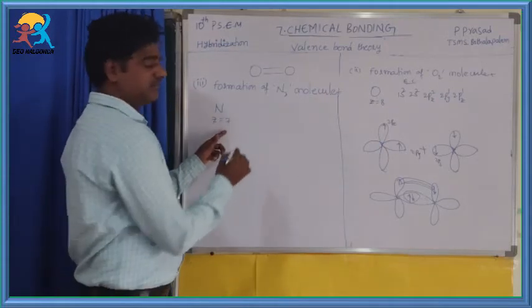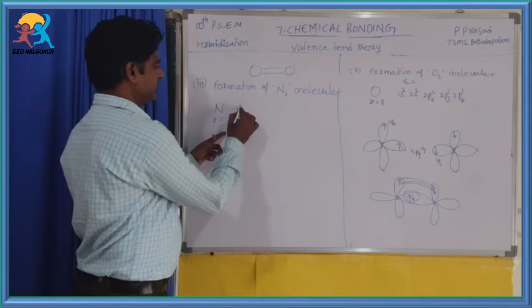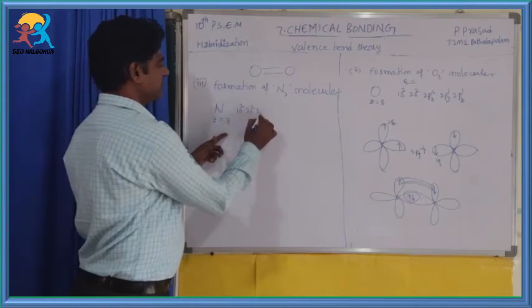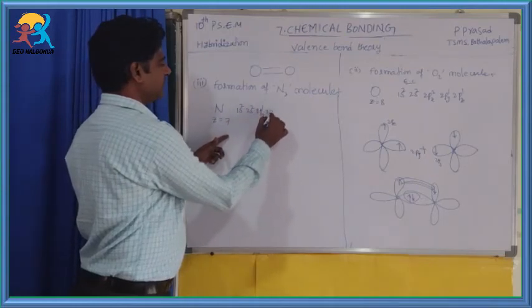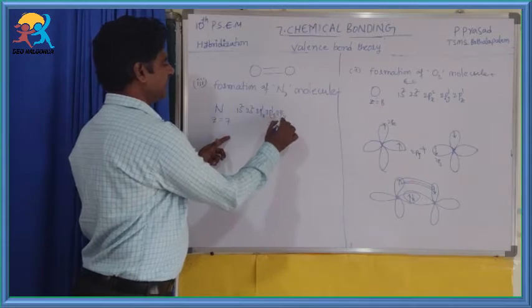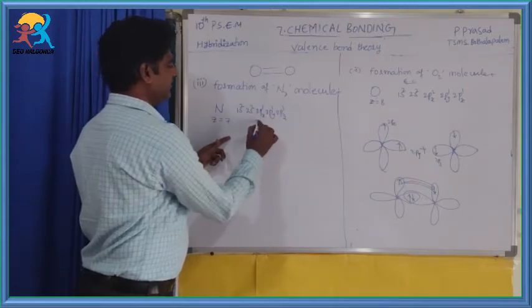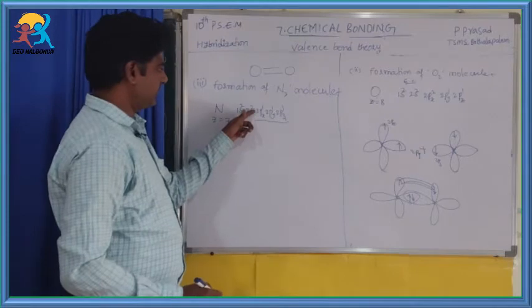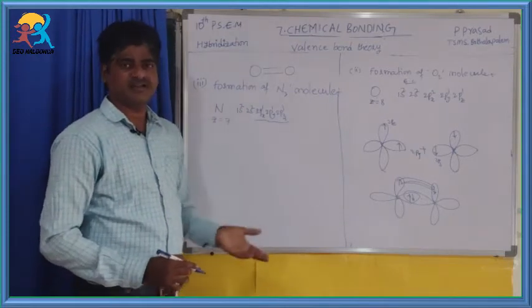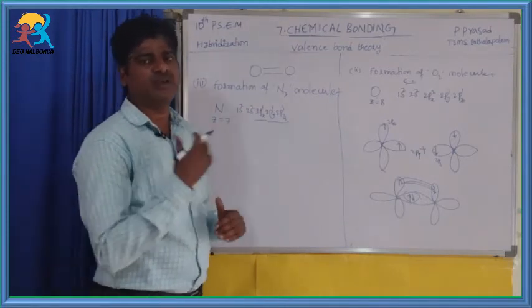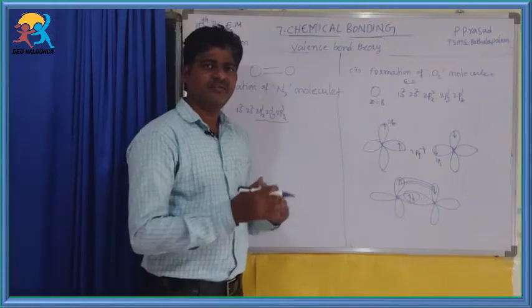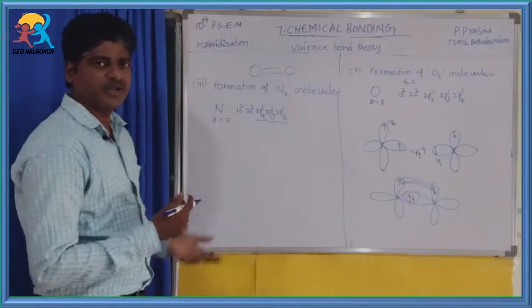Atomic number is 7. Its electronic configuration is 1s2, 2s2, 2px1, 2py1, 2pz1. So these three 2p orbitals have unpaired electrons. Now they are ready to overlap with the other atom's 2p orbitals.